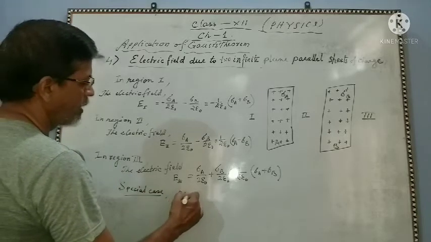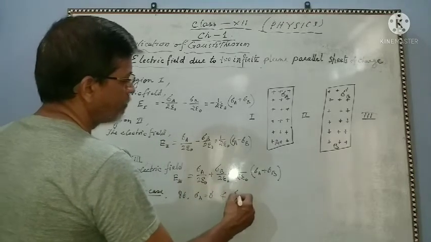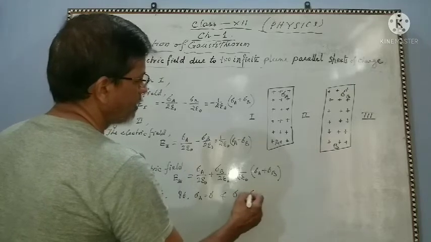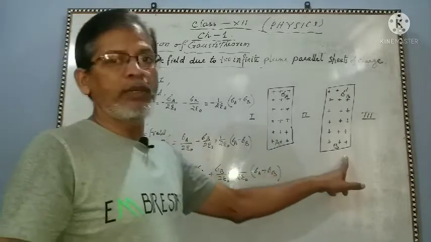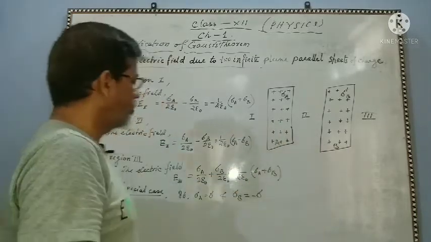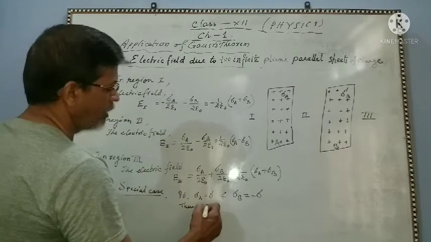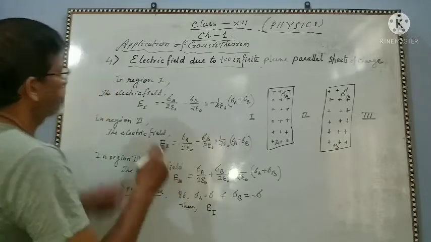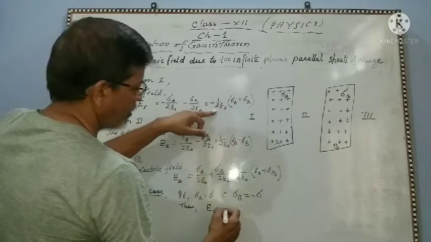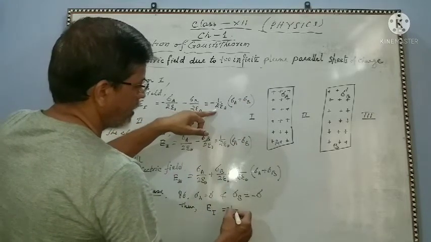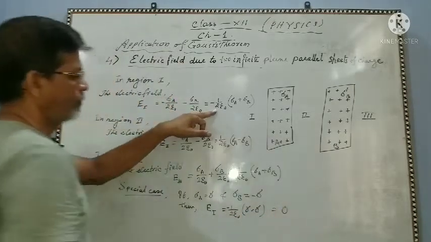If sigma A equals sigma, positive, and sigma B equals minus sigma, negative, then what will happen? E1 is 1 by twice epsilon naught times sigma minus sigma, which is 0.